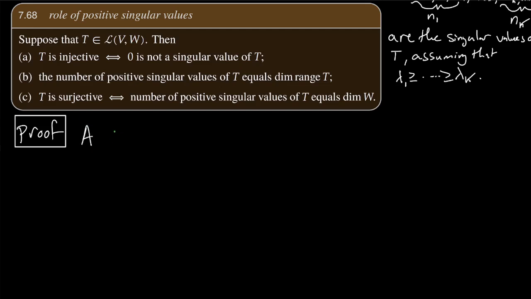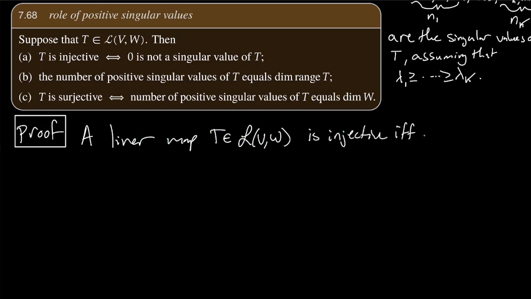A linear map T in L(V,W) is injective if and only if null T is trivial.